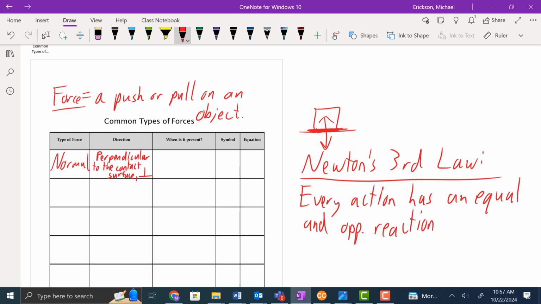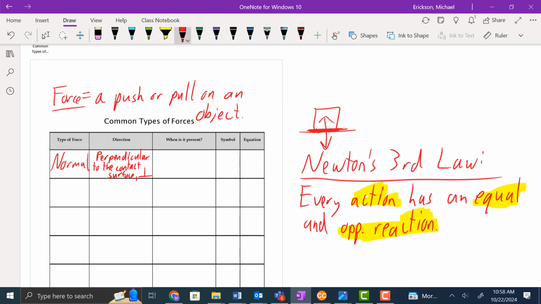Alright, so what does that mean for us? Think of this as every force has an equal and opposite force. When I say equal and opposite, that's a directional thing. Equal means the magnitude is the same; opposite reaction means it goes the other way. The block pushes down, the table pushes back up. We'll talk about this more later.